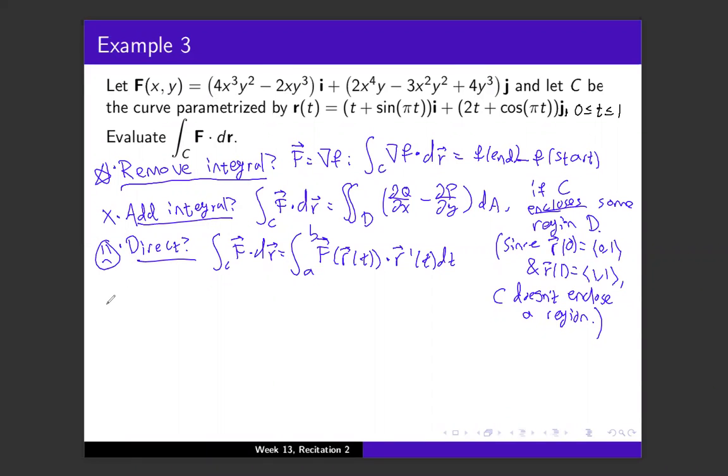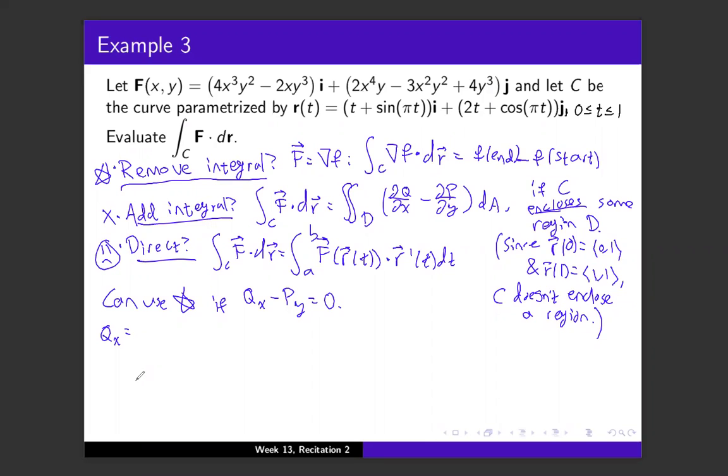And notice that del q del x, actually, I'll write it this way. We can use this strategy if Qx minus Py is equal to 0. What's Qx?